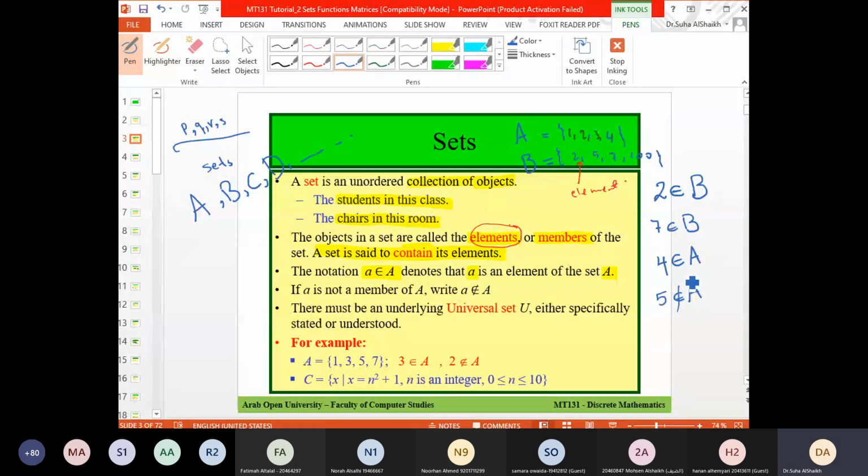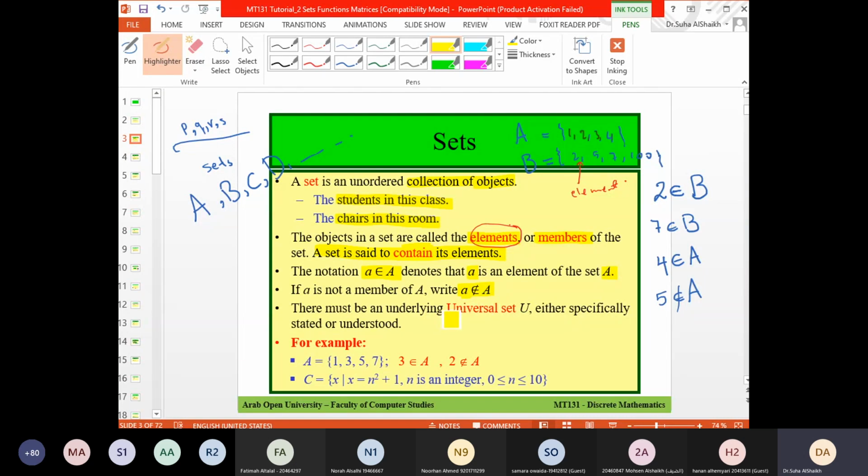We write it like this, not belonging to the set A. So this is the element-set relation: I have a set and a small element a inside a big set capital A.